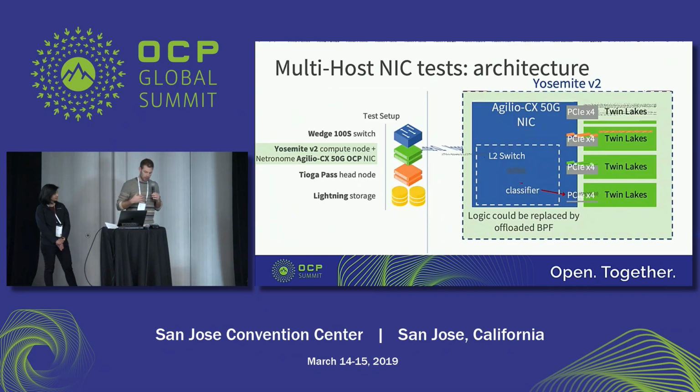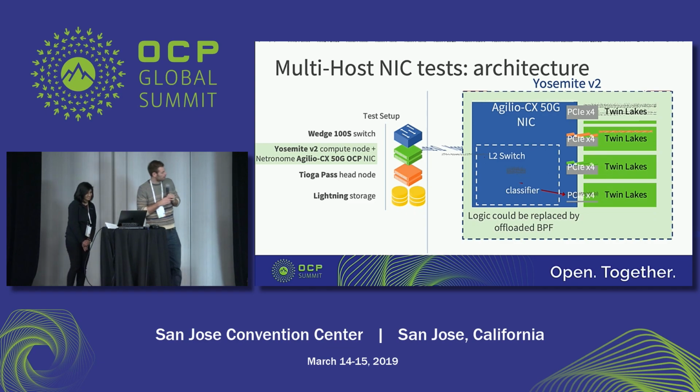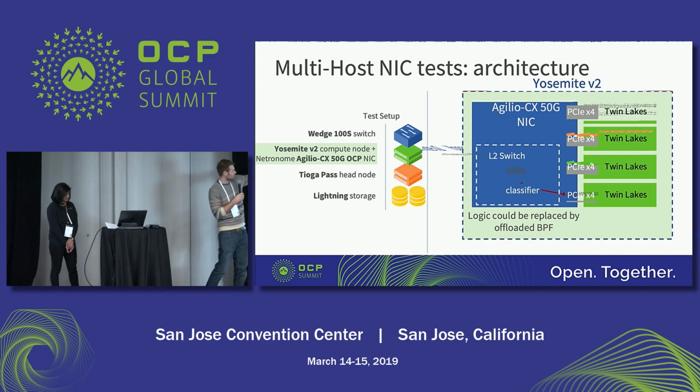So finally, we saw that this worked, and that was very encouraging. So what did we do at this point? We built a NIC. We built an OCP 50 gig Agilio CX SmartNIC. In there we have software which runs a very simple L2 switch.